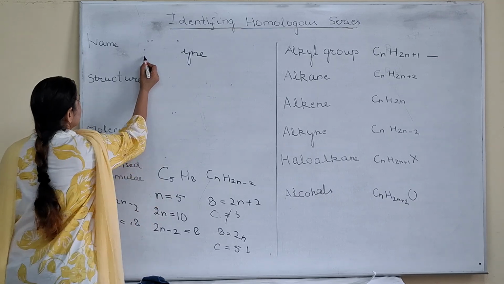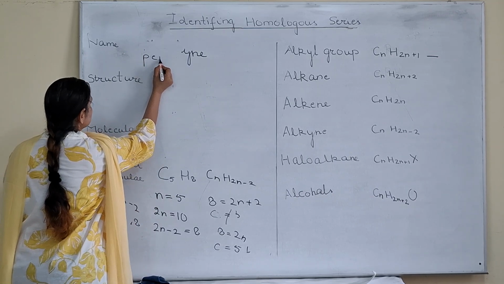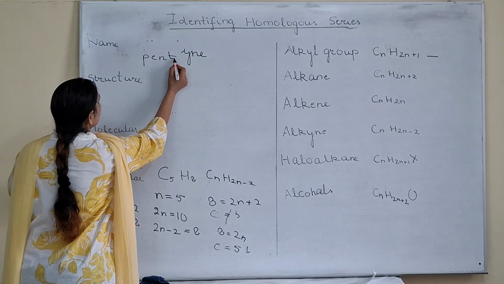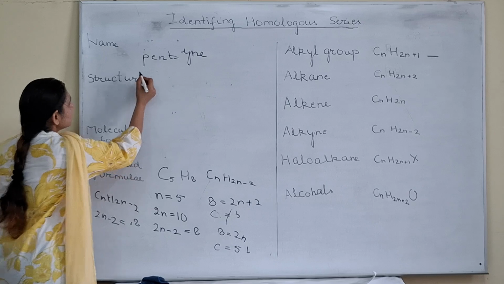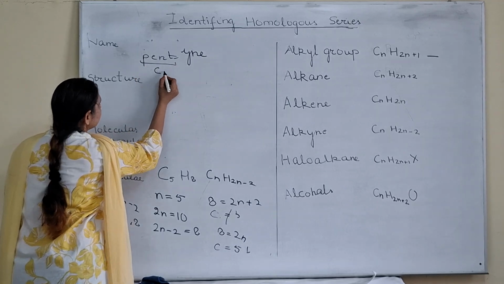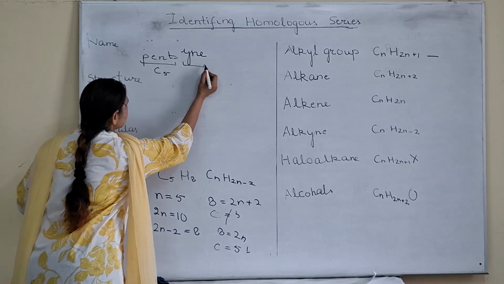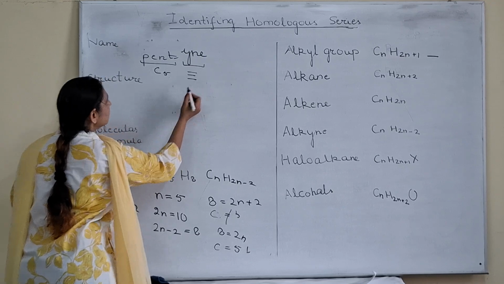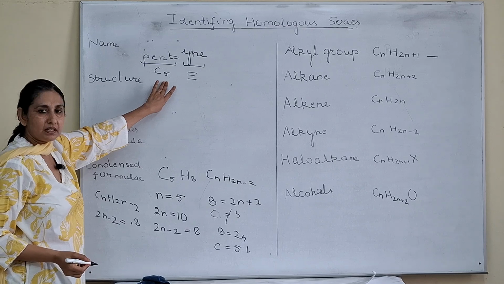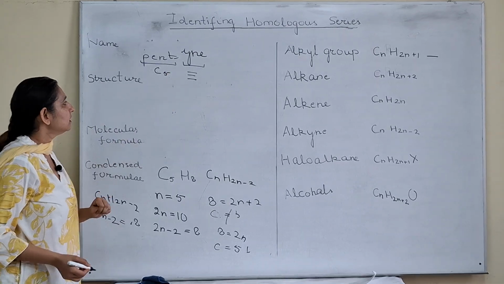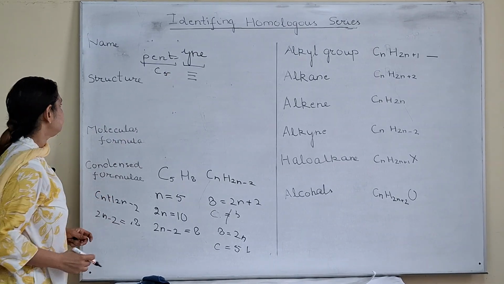5 कार्बन. तो we'll write the first name pentyne, क्योंकि 5 atoms, and this represents a triple bond. Carbon and hydrogen are depicted by this, and ine stands for triple bond.